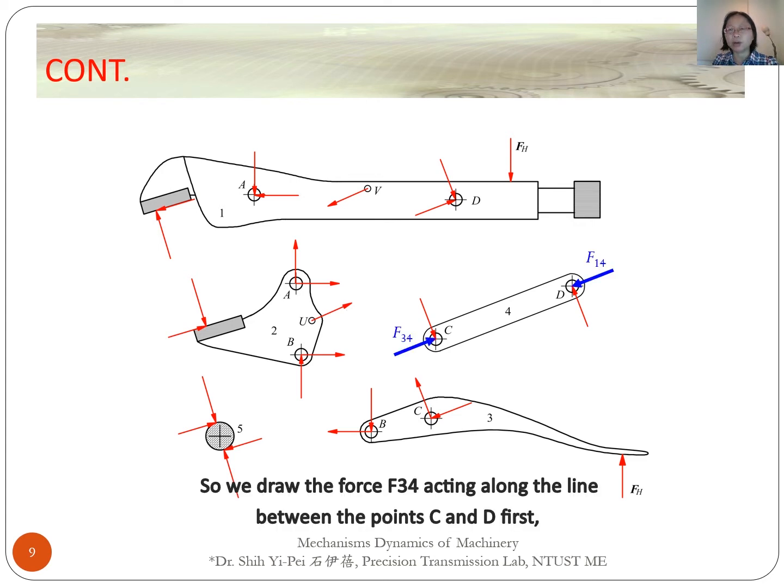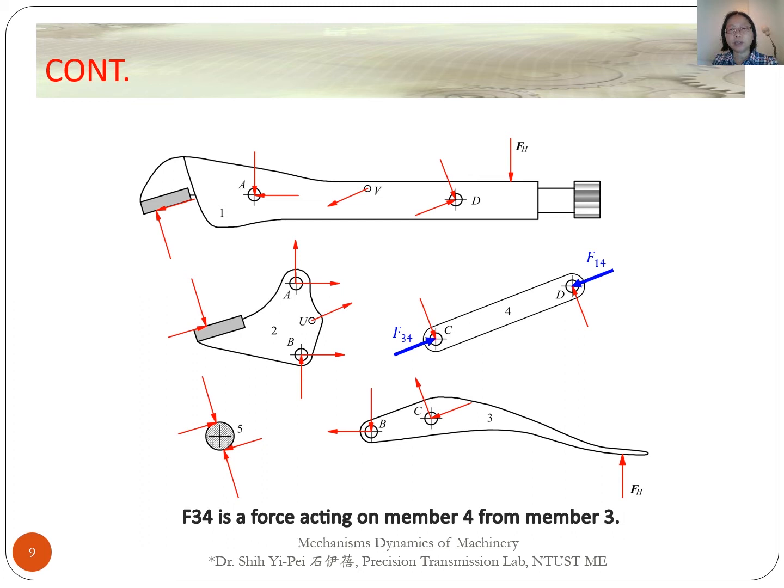So, we draw the force F34 acting along the line between the points C and D first. F34 is a force acting on member 4 from member 3. It can be either a pushing or pulling force. We assume it is a pushing force.